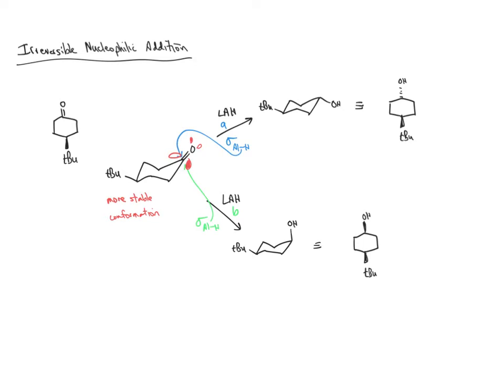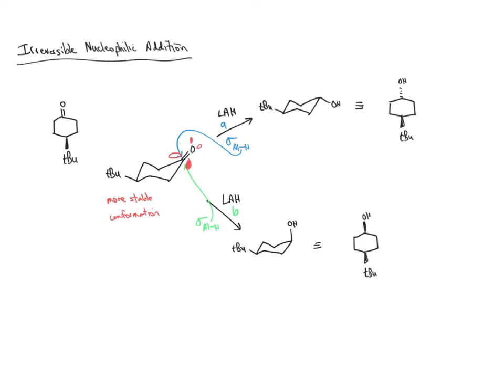All right, so these different modes of attack, these different faces, make the transition states diastereomeric. We get two different diastereomers because indeed the products themselves are diastereomers. So in this LAH reduction, we're going to get more of the trans product than we are going to get of the cis product.